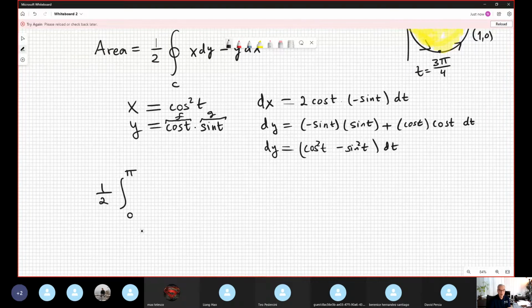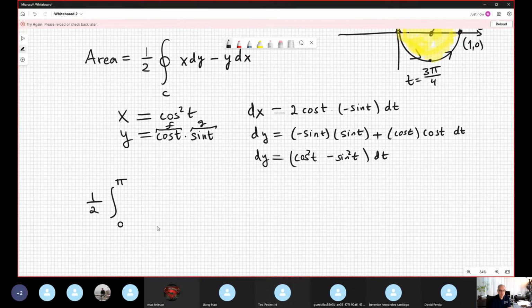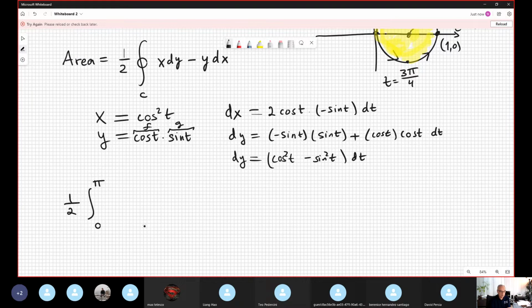So I copy x, which is cosine squared t, multiplied by dy. And dy is cosine squared t again, minus sine squared t, dt. Okay, this is that part.